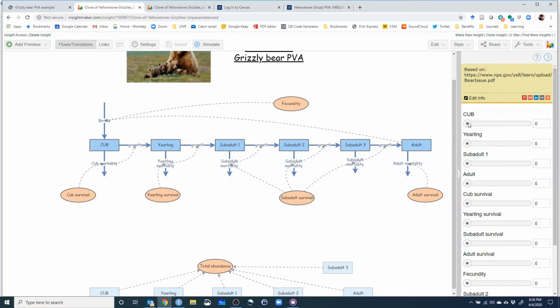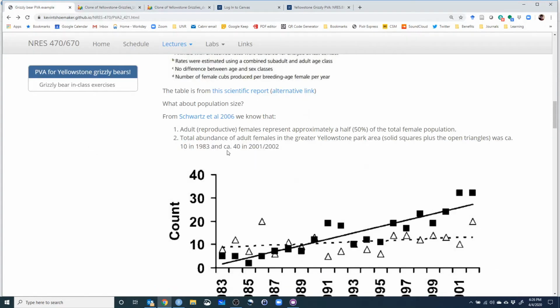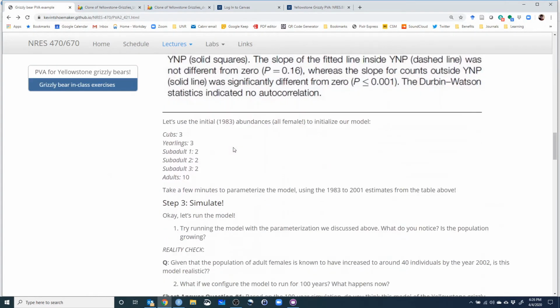So basically this is the initial abundance of cubs, initial abundance of yearlings, and cub survival, yearling survival. All these things I just set at 0 so that you can have a chance to put the actual parameter values and initial abundances in this model. So that's your job. Let's go back to the lecture for a second and just go over what we need to do.